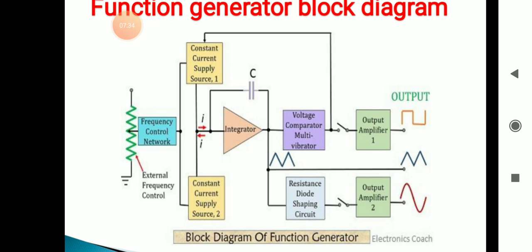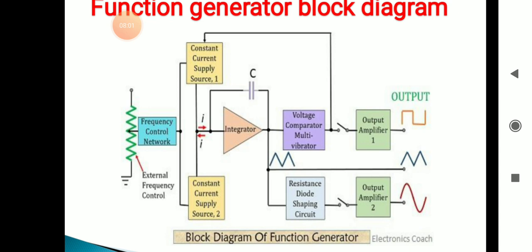If I1 and I2 are not equal in amplitude, the waveform becomes asymmetric, that is, the duty cycle is not 50%. If they are equal, the duty cycle is 50%. Therefore, the percentage duty cycle is equal to T on divided by T on plus T off, multiplied by 100.